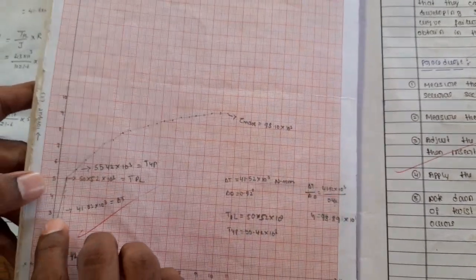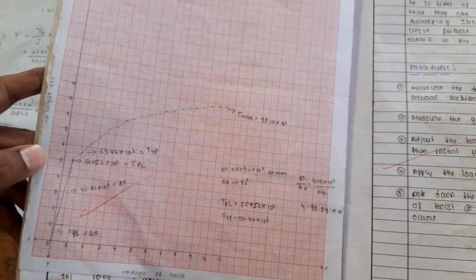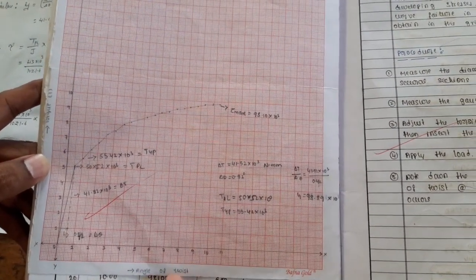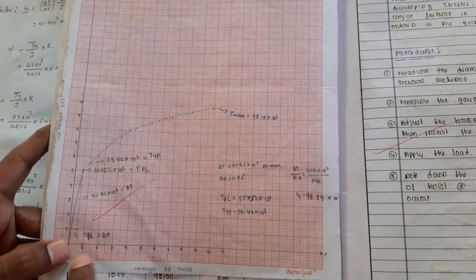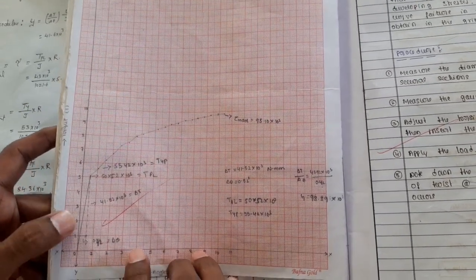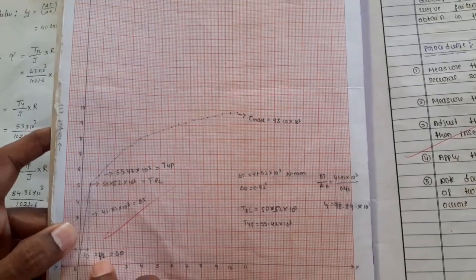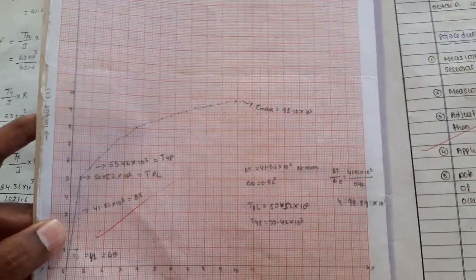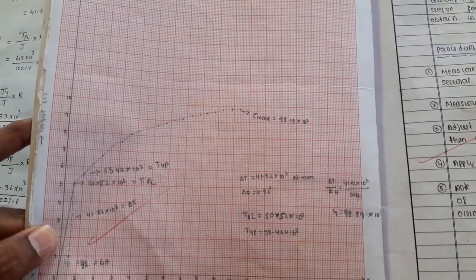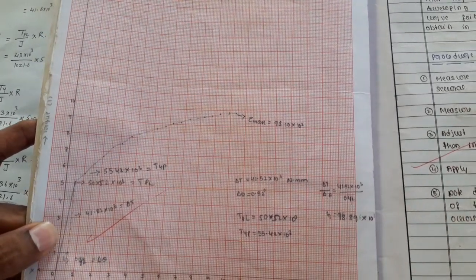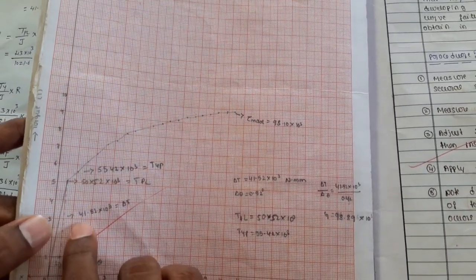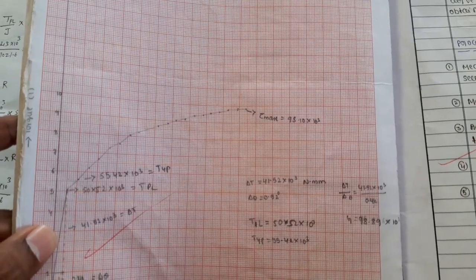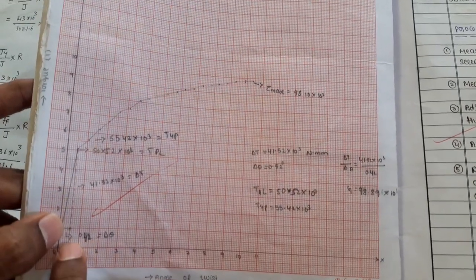See here, on the y-axis is torque, and on the x-axis is the angle of twist. We have to draw the graph, and from the graph we have to find delta T divided by delta theta. That is the value we need to calculate the modulus of rigidity. This is the delta T value, and this is the delta theta value.